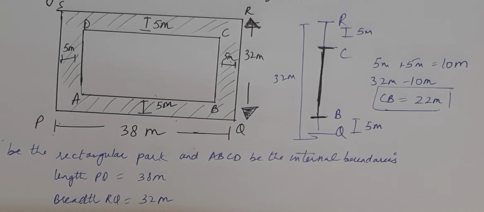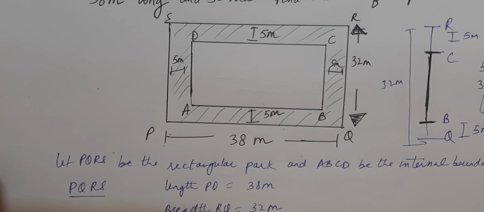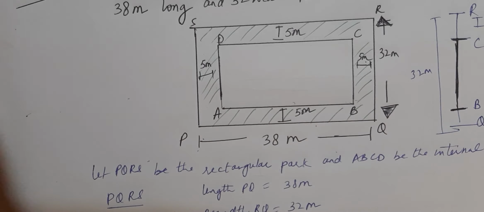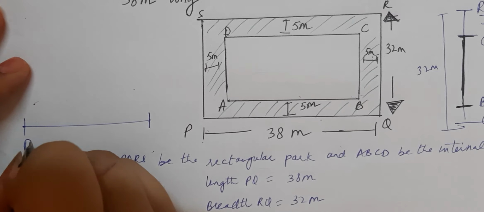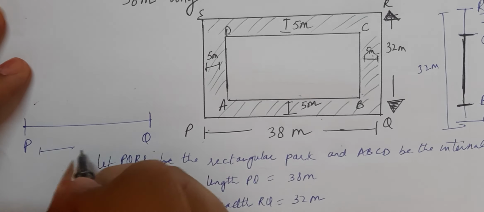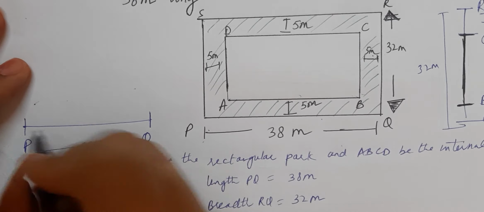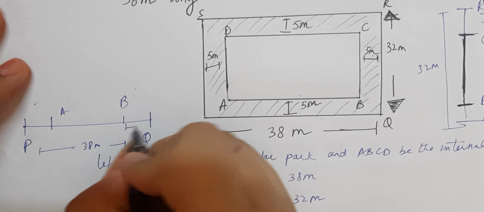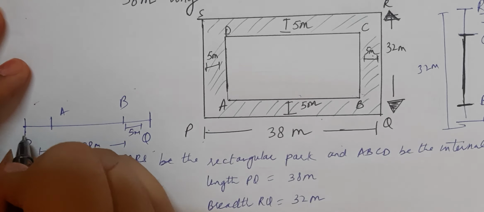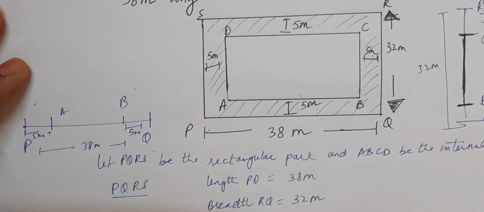Okay. So similarly, I will find the AB part. Here I can see that PQ is 38 meter, and this is AB. This much is 5 meter, and this much is also 5 meter.